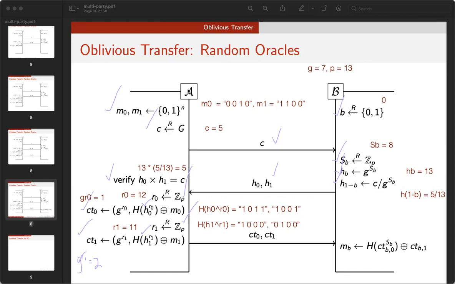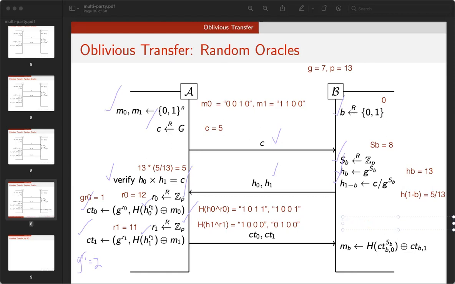So that brings us to over here. Bob did message 0. So Bob says, let's take ciphertext B, so ciphertext 0. Bob says G to the R0 to the SB, which is 8, and R0 is 1.